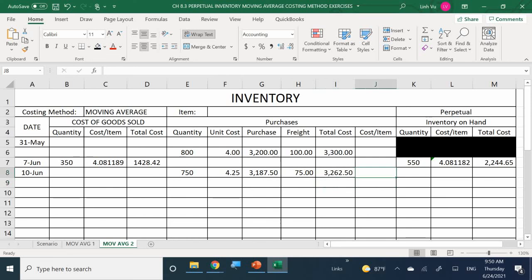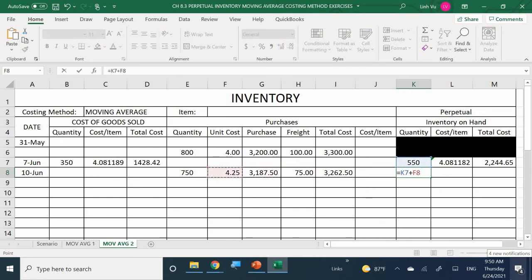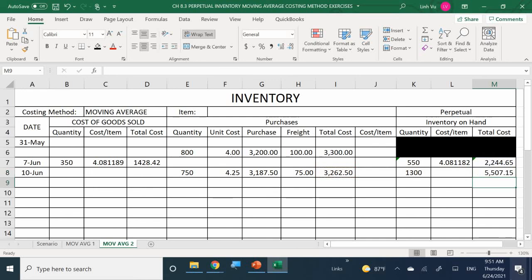$3262.50. Okay. So now that I have my total quantity and my total cost, let's add them to my goods that I have already. So what's my new quantity? 1,300. What is my new total cost? 5,507.15.